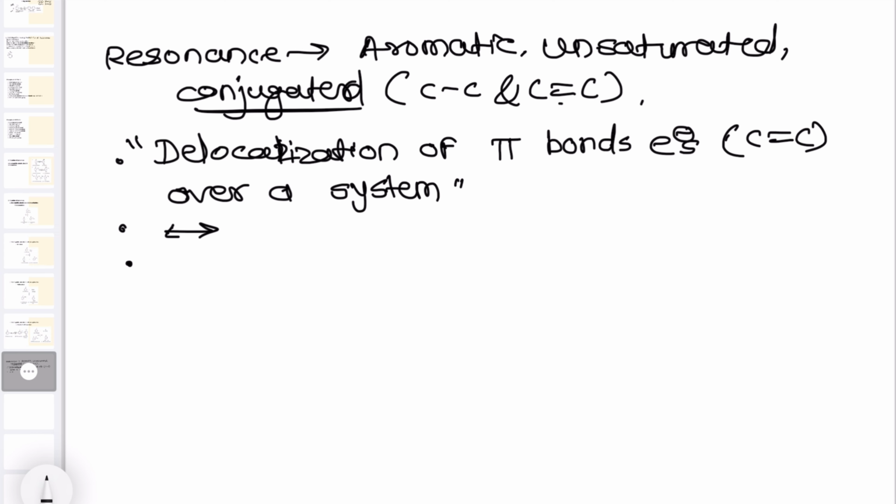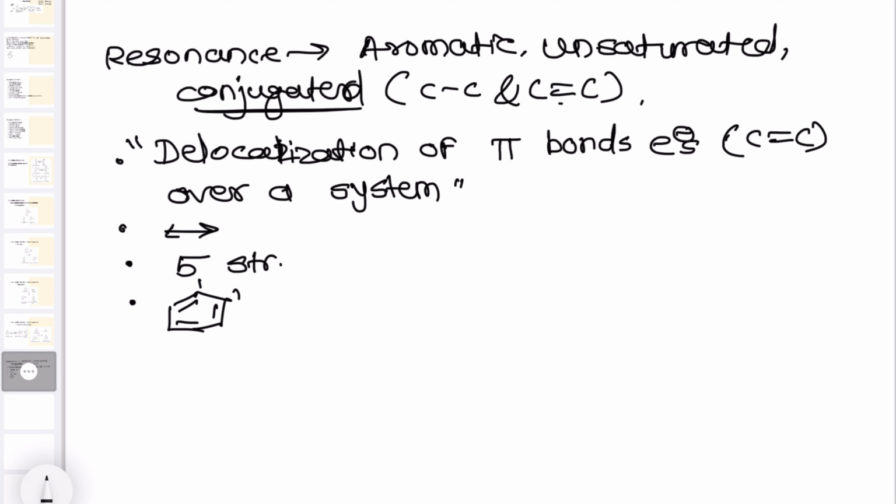Resonance is always shown by the double-headed arrow. Generally five structures are there. In all the structures there is delocalization of pi bond electrons. Single and double bonds are alternatively changed.